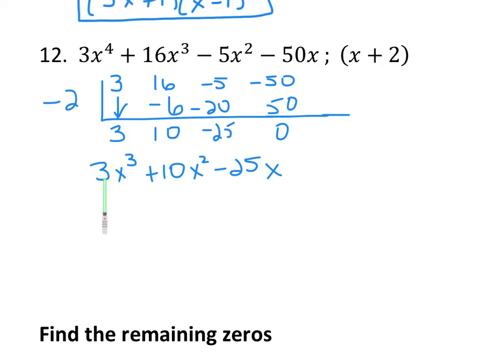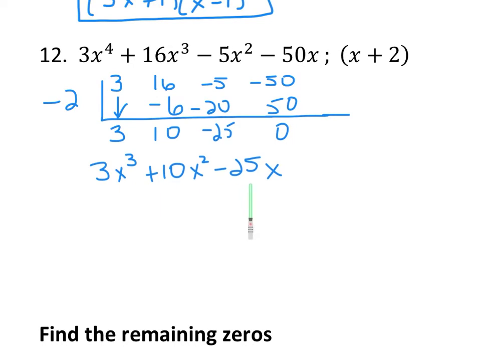Well, I'm not able to factor this the way we did the others because each one of these terms has a greatest common factor that I need to factor out first. So before I would try to factor this any further, I would go ahead and factor out one of the x's. And then I could factor the quadratic.